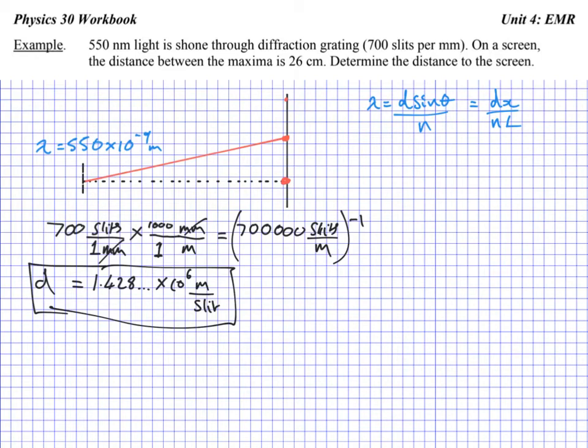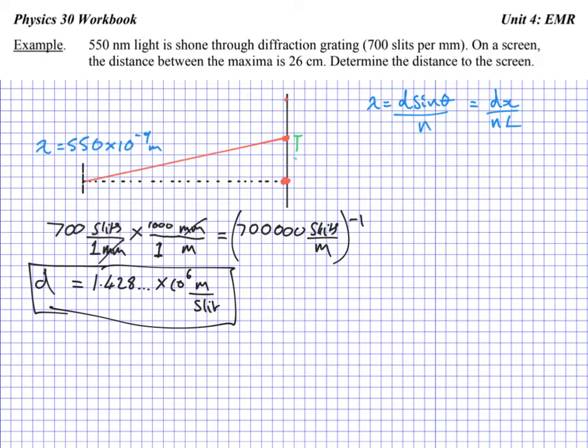Once I've got this, I should be able to fairly easily solve using my equations over here. Let's just go ahead and put some other values on. So I've got my wavelength, put that here. I've got my D value here. I just need this 26, which I'm going to use green for. This is the distance between the central maxima and the first bright line.